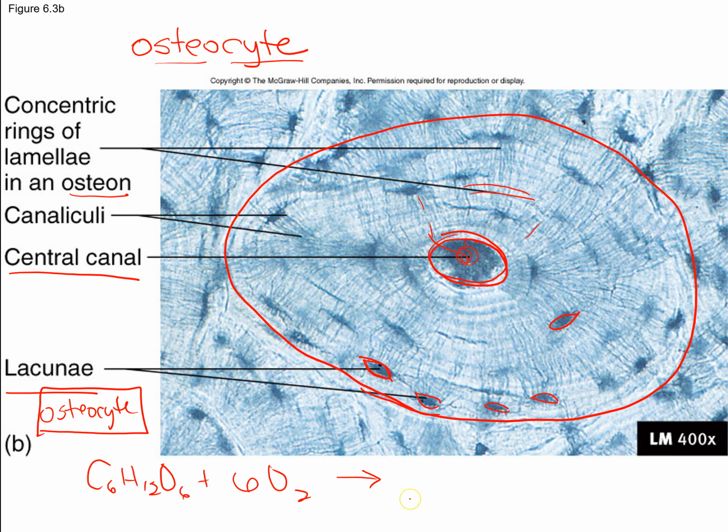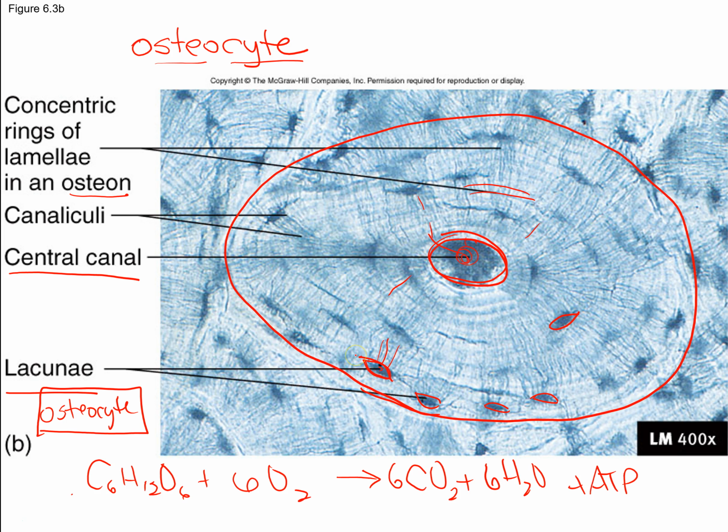So they have to be connected to your bloodstream, both to deliver the reactants and to take away these waste products. So these little lines right here have capillaries running through them that take these supplies to the osteocyte.